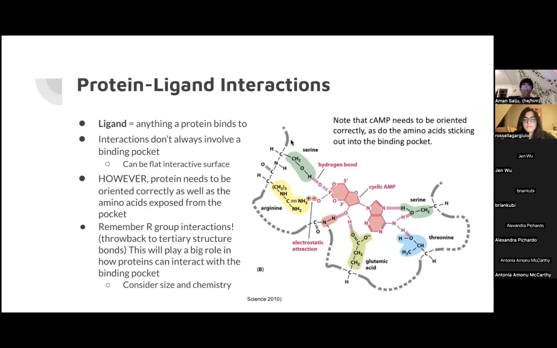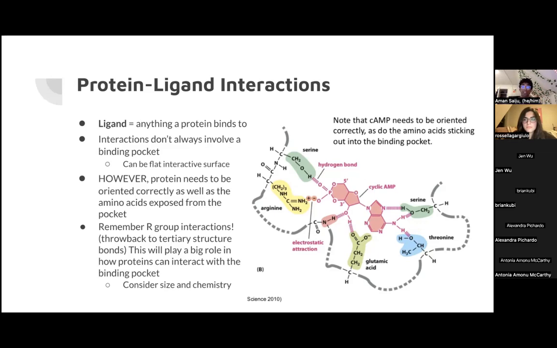Here in this diagram, it's shown that the ligand is binding in this nice little pocket, like the physical structure is kind of this cup-shaped pocket. That's not always true. This just happens to show a binding pocket, but it doesn't have to be that pocket shape. It can be any kind of surface on the protein that binds to whatever ligand. However, the most important thing here is the bonds between the ligand and the protein, right?